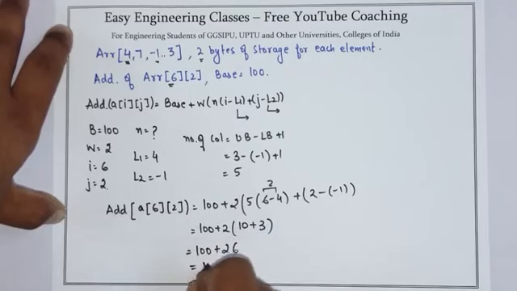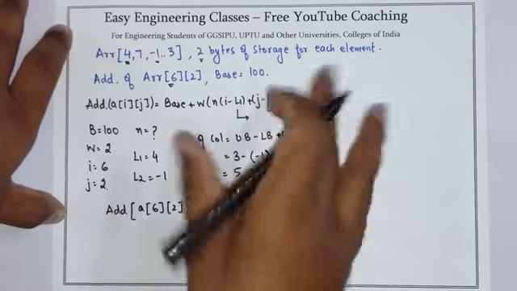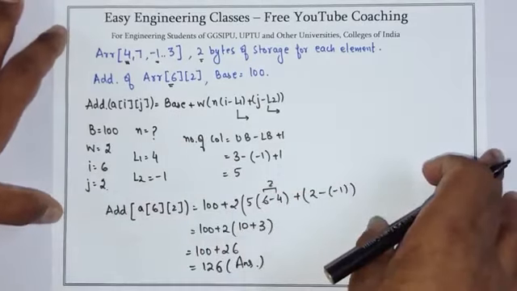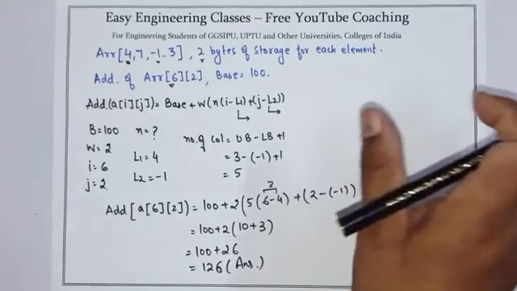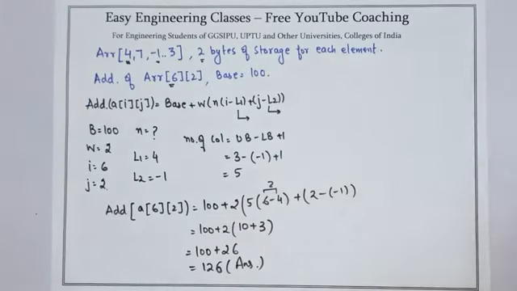So the answer is 126. This is how you can perform the memory address calculation in row major order.